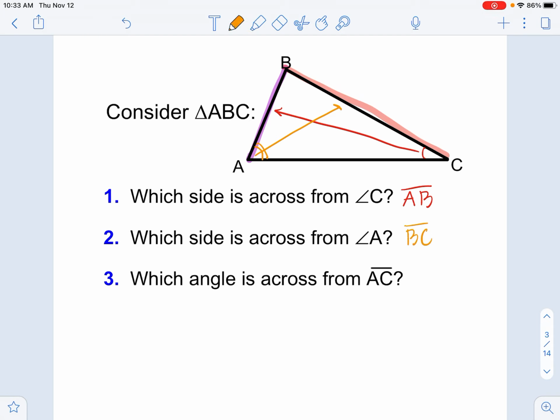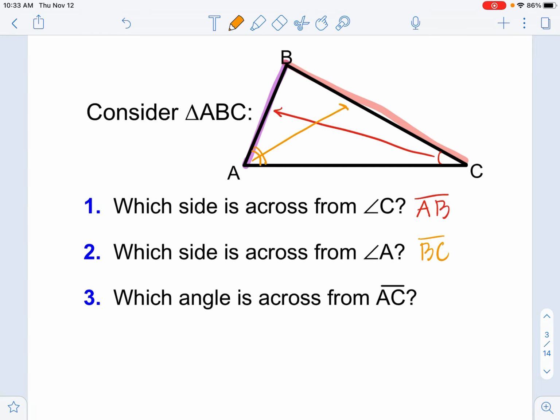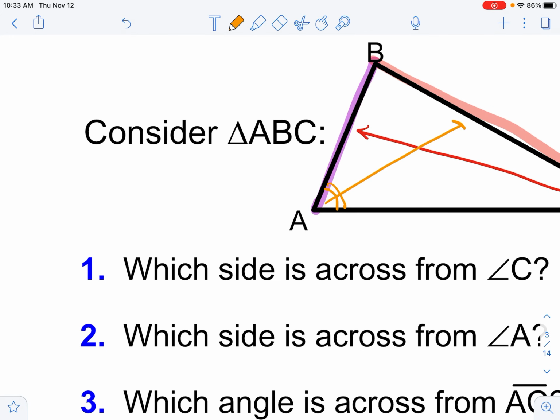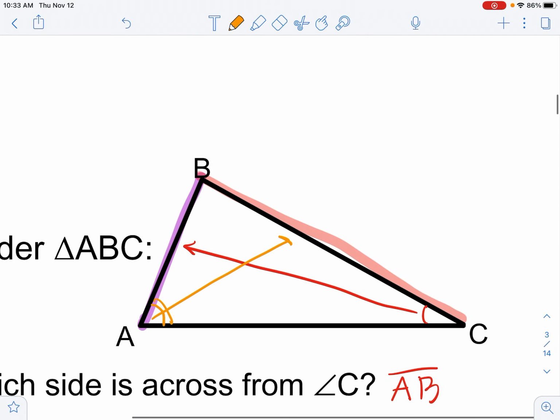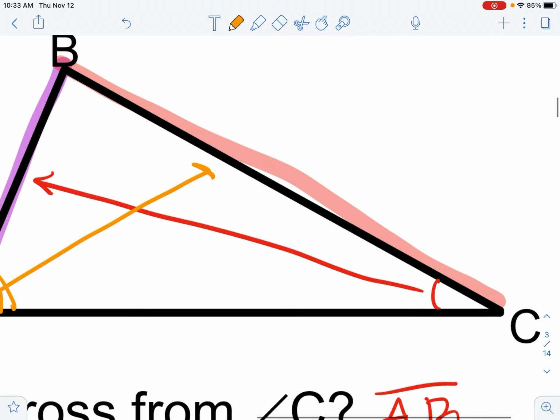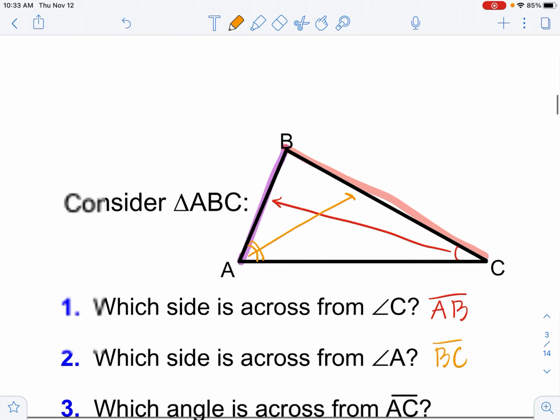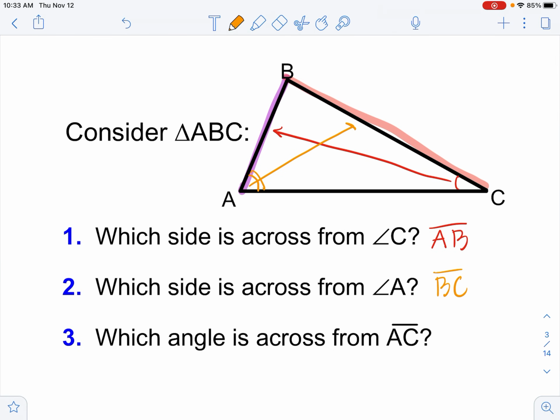Another way of doing this if you're having issues is that you could say, if I want to know what's opposite of angle C, I can cover up angle C, because anything with C can't be opposite of it. So if you look, the only thing that's left is side AB. If I want to know what's opposite of angle A, I can cover up angle A, and you can see that BC is the only thing left. So that helps some people.